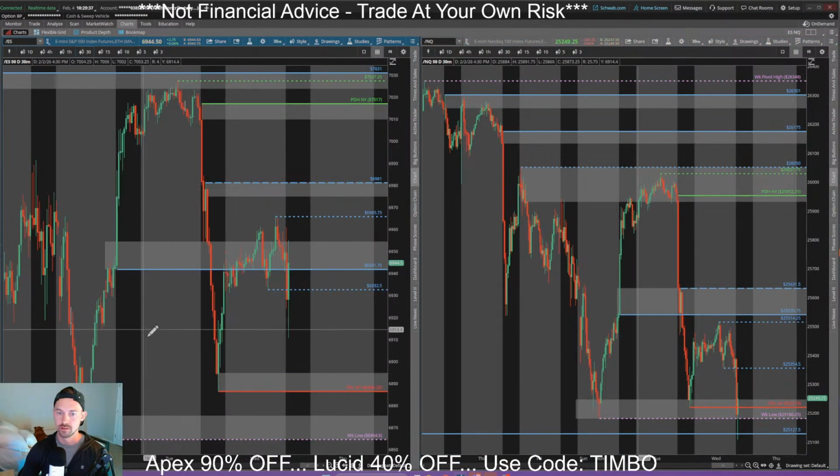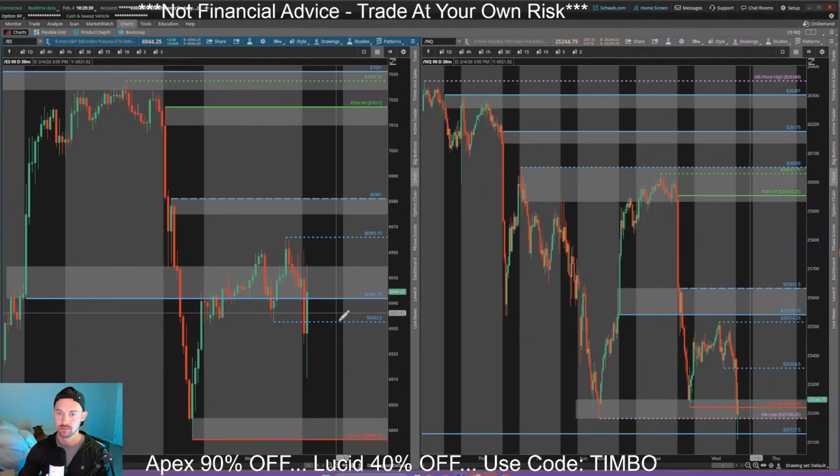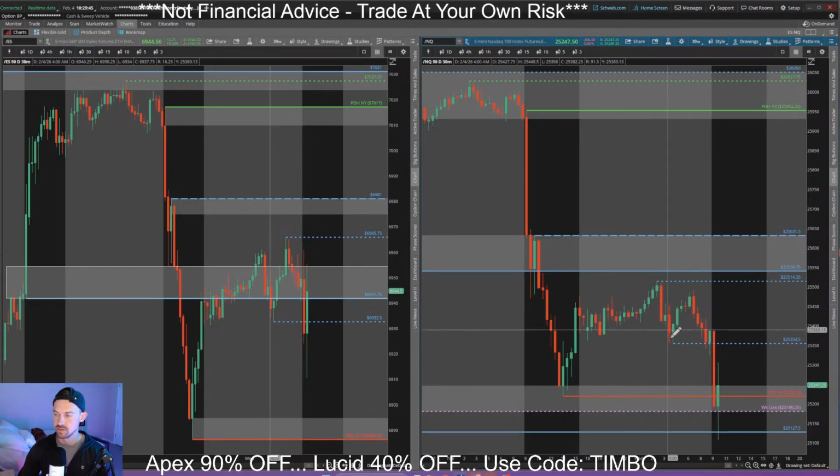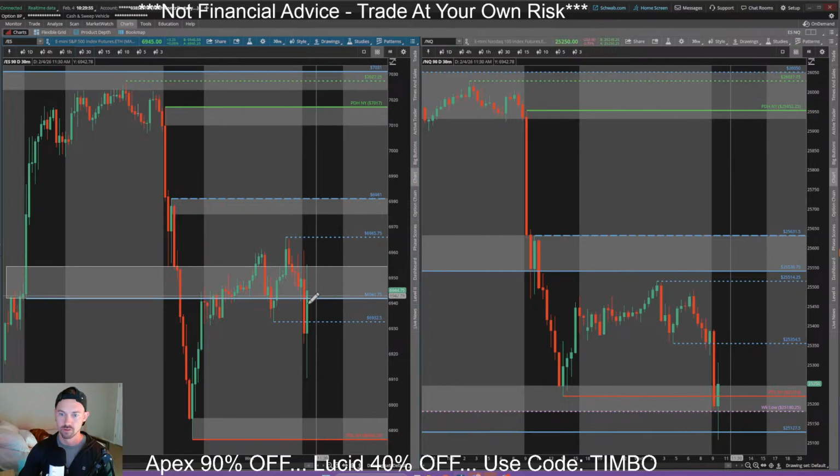Check out the 30-minute. About to have a green 30-minute candle, it appears. So just kind of watching that 41 level here on ES at the moment. There's a retest of it.